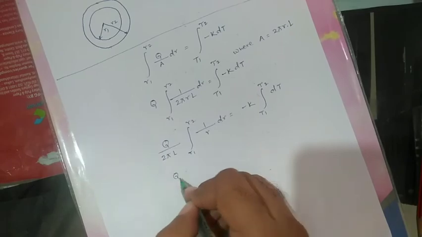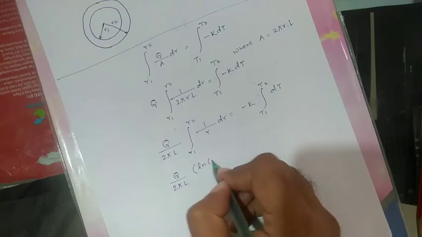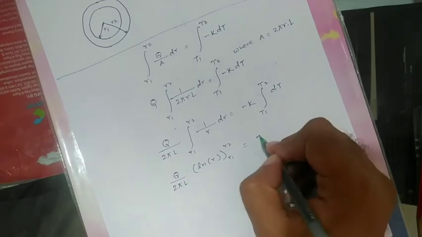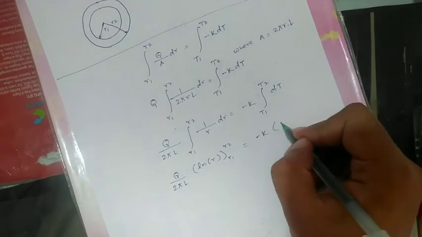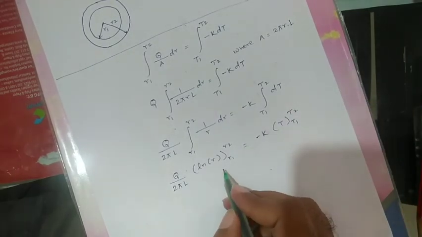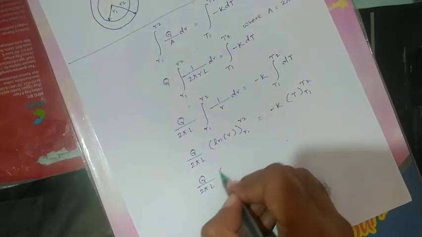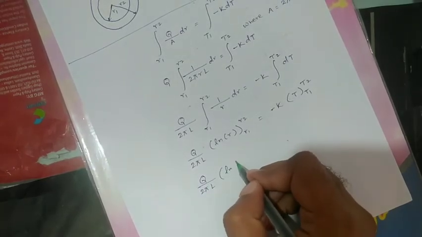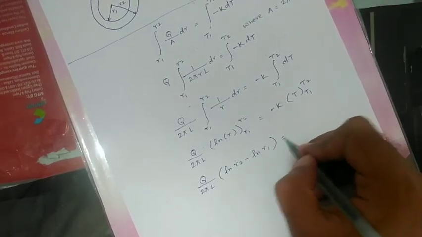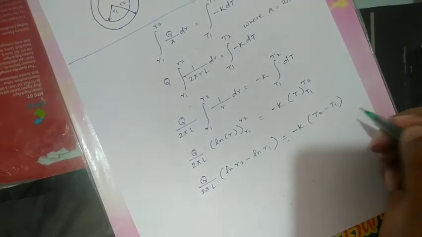Integrating, you have Q upon 2 pi L ln of r from r1 to r2, and on the right hand side t from t1 to t2. Now substituting the values, Q upon 2 pi L times ln of r2 minus ln of r1 equals minus K times t2 minus t1.